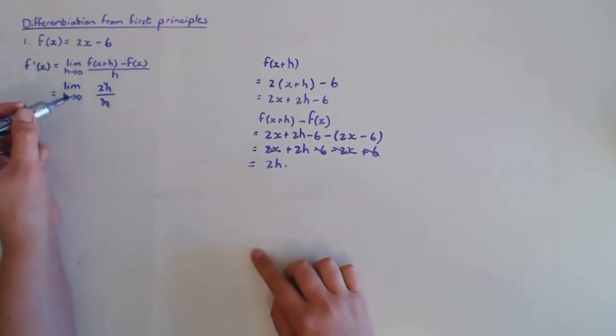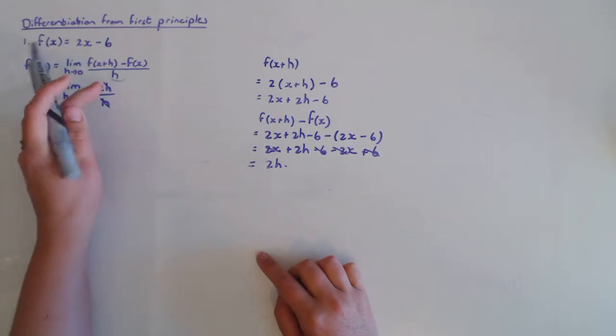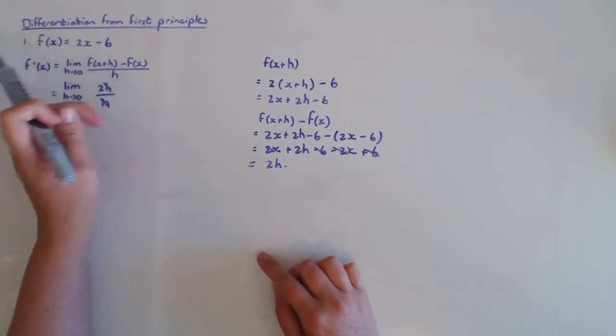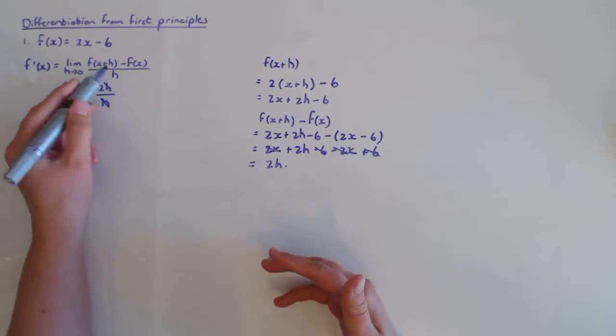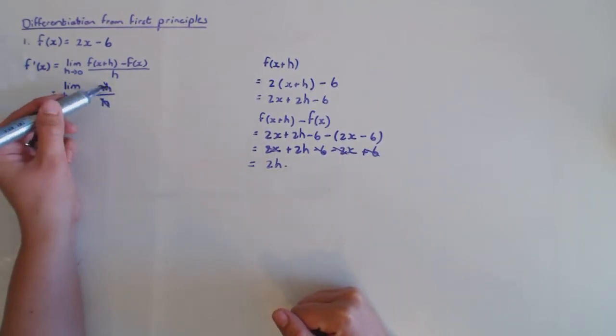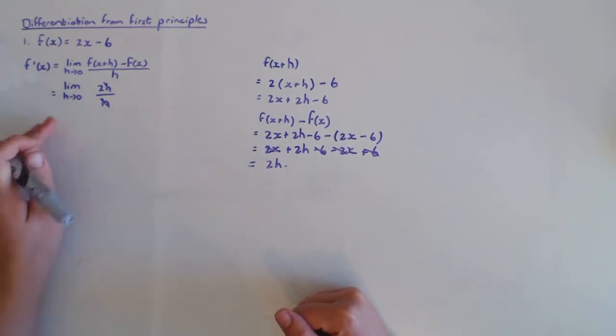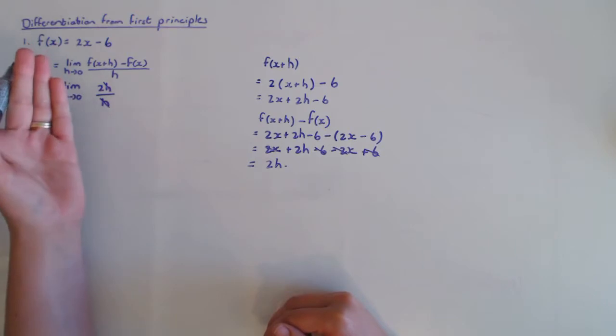And now the whole reason why I'm using a limit is because of this h here at the bottom, which can't actually be 0. I want to make h 0, but I can't because it creates a mathematical error. So now if that cancels out, then I don't have a problem making the h 0 anymore. There are no h's left here, it's just 2.